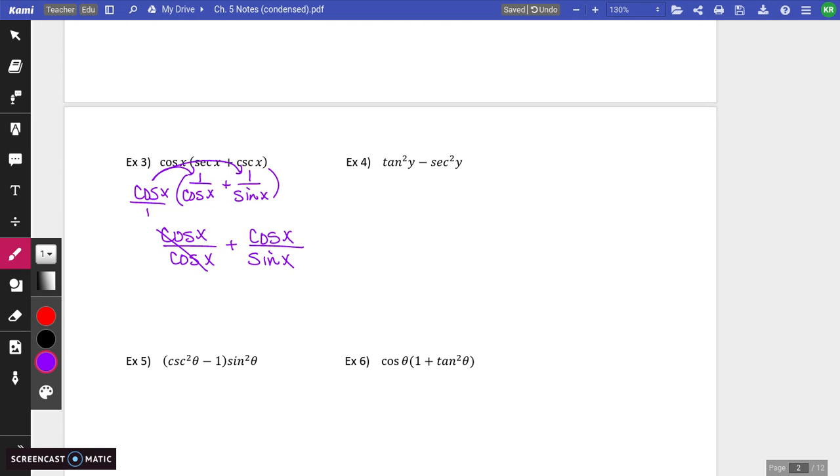All right, cosine x over cosine x will reduce, and you have 1 plus cosine x over sine x. Okay, cosine x over sine x, well, that is cotangent. So this is going to be 1 plus cotangent of x. And that is as simplified as I can go.